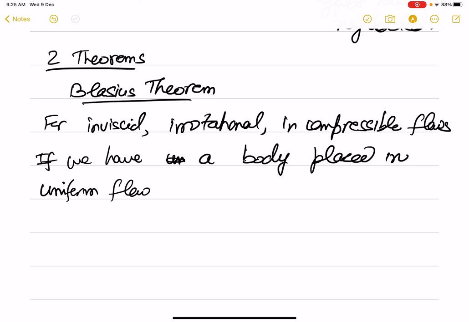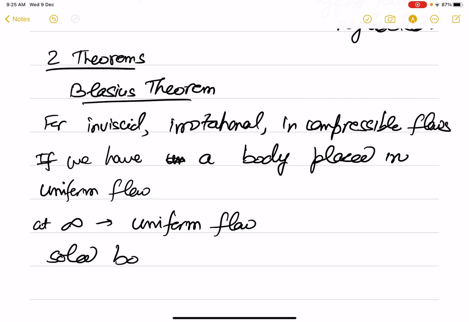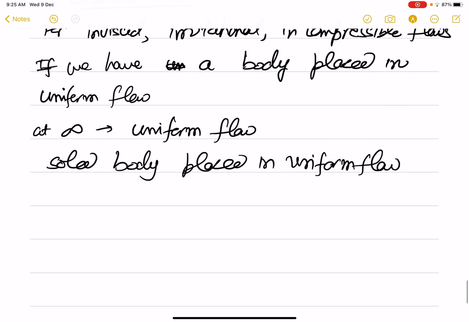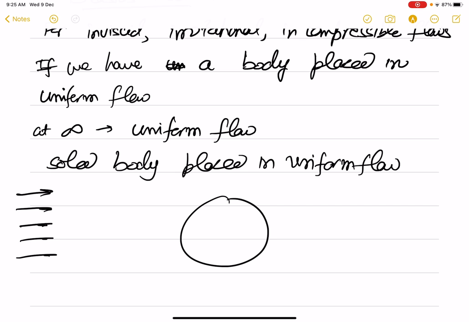So let's first understand this. At infinity we have uniform flow, and there is a solid body placed in uniform flow. So once again, the example would be the same. Suppose we have a cylinder, we have this uniform flow.